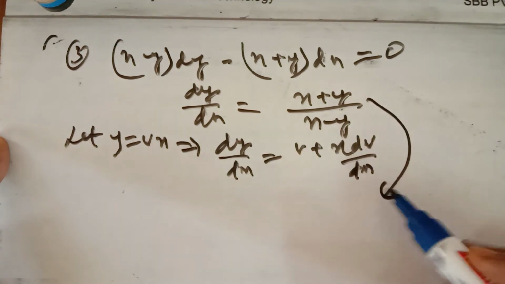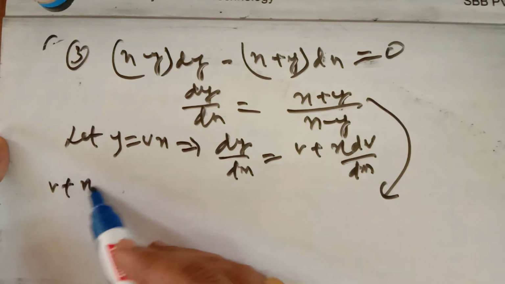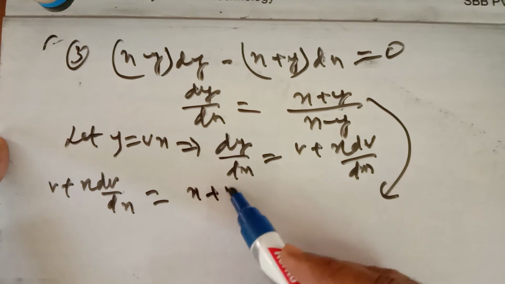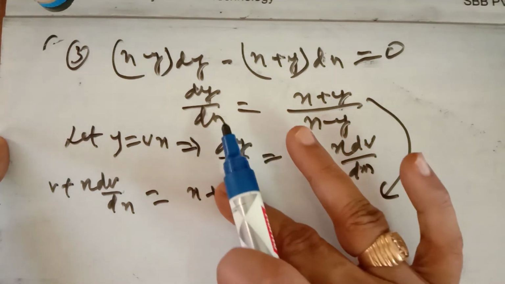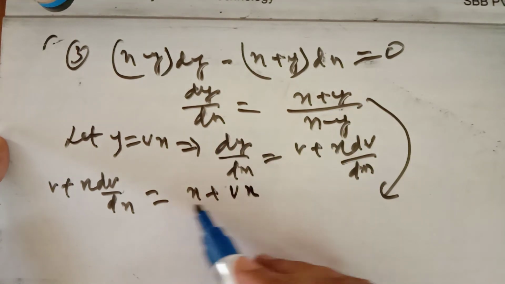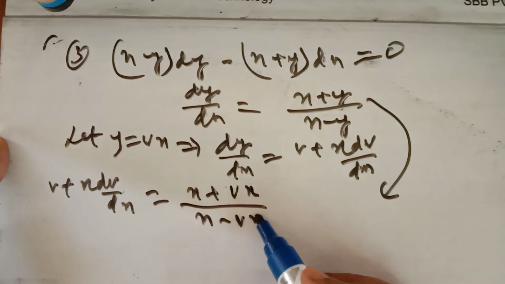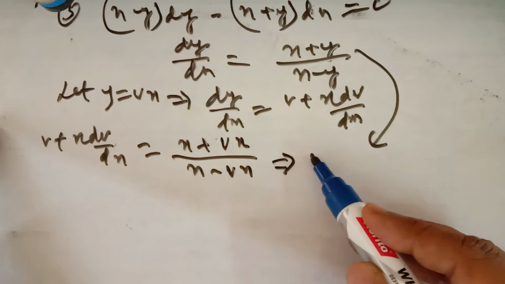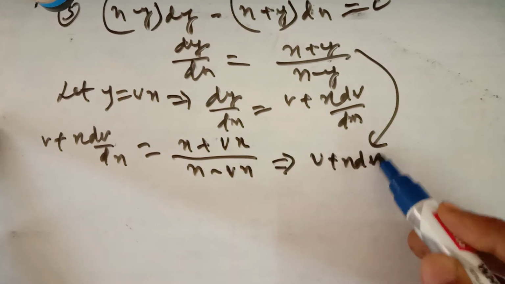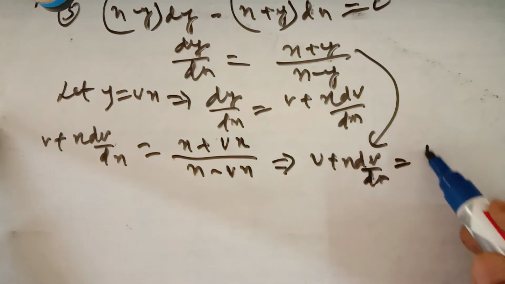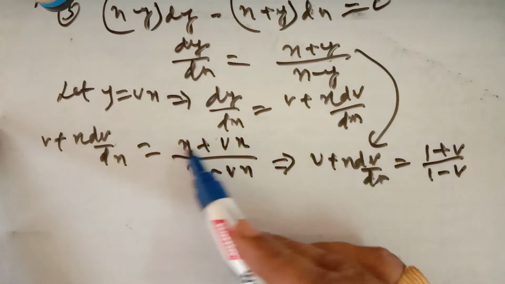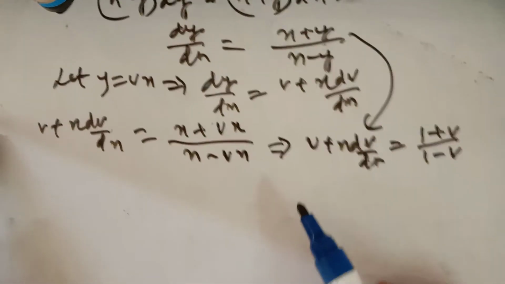When you replace it in here, it will be v plus x dv upon dx is equal to x plus vx in the numerator, and x minus vx in the denominator. Always the x will be cancelled out in the right hand side, taking x common in the numerator as well as in the denominator.